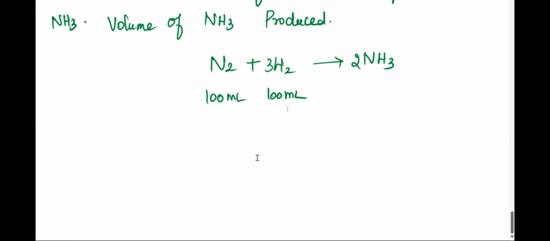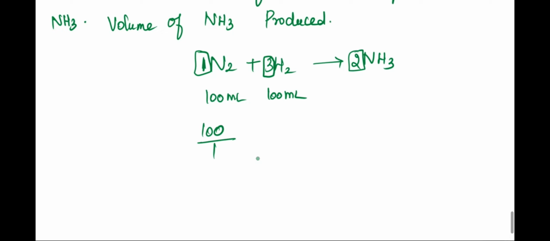One way is that you can find the number of moles from the given volume and then calculate with the ratio to find the resultant moles. Or else the simplest way is that here I know the stoichiometric coefficients 1, 3, 2, right? So I have to divide the given volume by the stoichiometric coefficient.